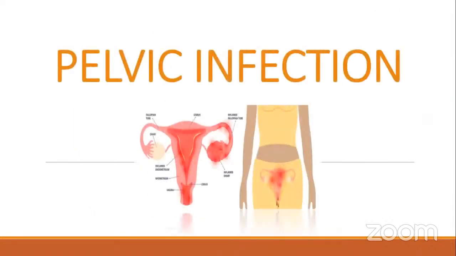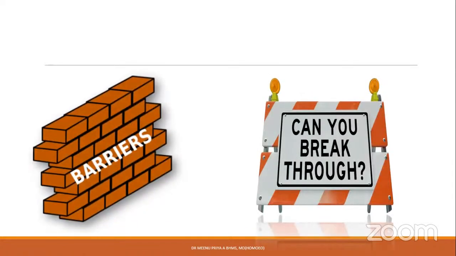So first, starting with pelvic infection. Before an infection occurs, the female was healthy, right? Then a deviation occurred, and then there is infection. For that there are barriers. There is some physiology that makes sure there is no infection in the female genitalia.